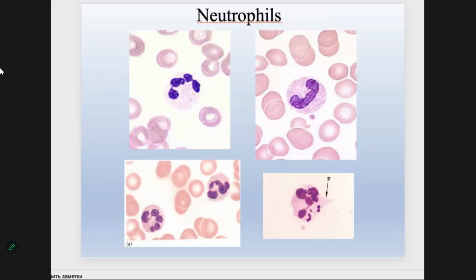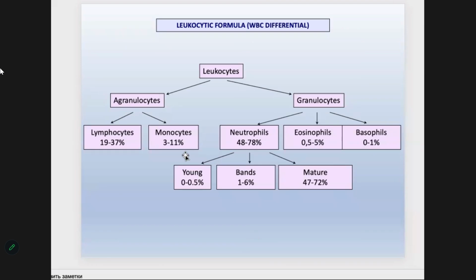In the leukocyte formula, we can see an increase of young and band neutrophils in some pathological conditions, and this picture is called the left shift of the leukocyte formula.